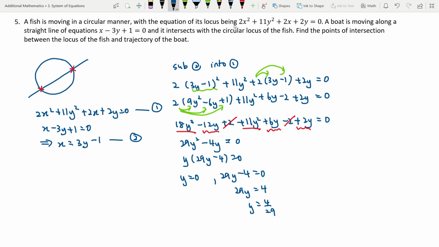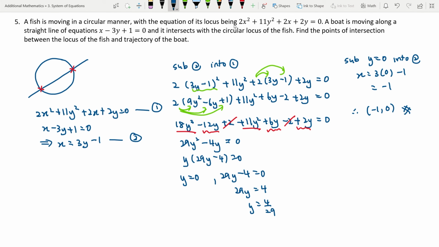Then we substitute the values of y into equation 1 or 2 to obtain our x. Here I will choose to substitute into equation 2. x = 3 × 0 - 1. x = -1. Therefore, the first point of intersection is (-1, 0).